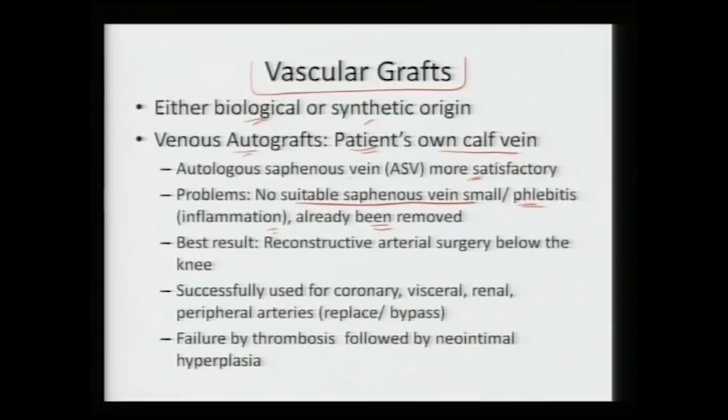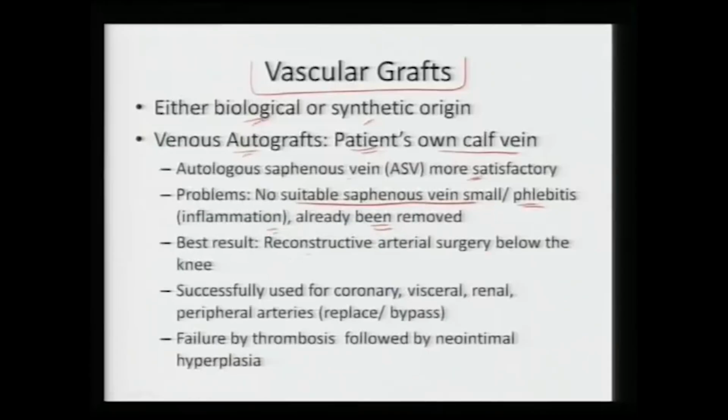So there can be certain problems associated with the venous autografts, that there is no saphenous vein available inside the body, or that particular vein has already been infected, or it has already been removed by some previous surgery. But they show the best result in the reconstructive arterial surgery which is below the knee. So they are well suited for the arterial surgery below the knee. So they have shown very promising results.